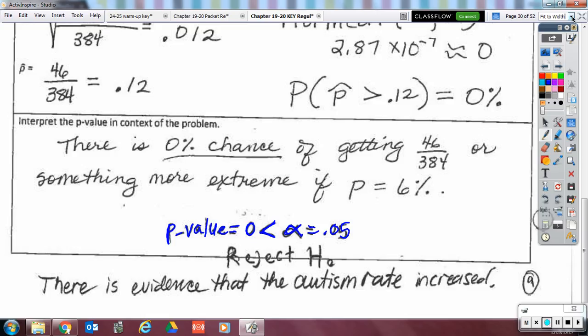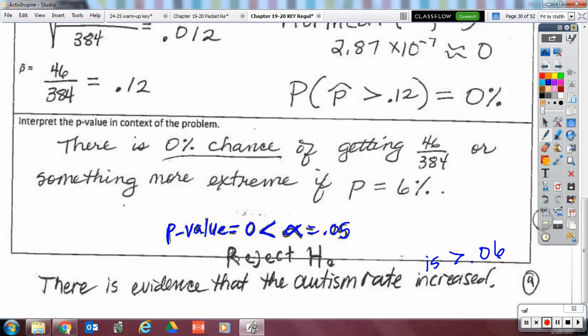There is evidence that the autism rate increased. So, since the p-value, which is 0, is less than alpha, 0.05, I reject the null hypothesis. There is evidence that the autism rate increased. Or you could say it is greater than 0.06. Okay, very good.